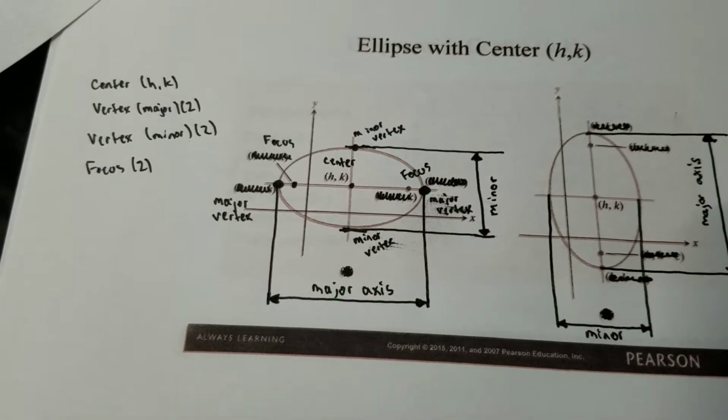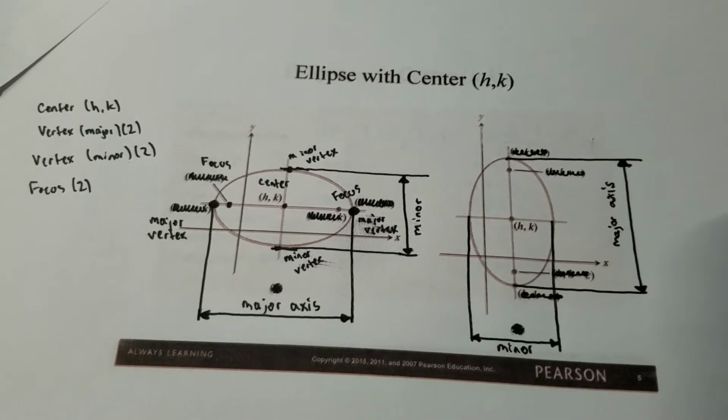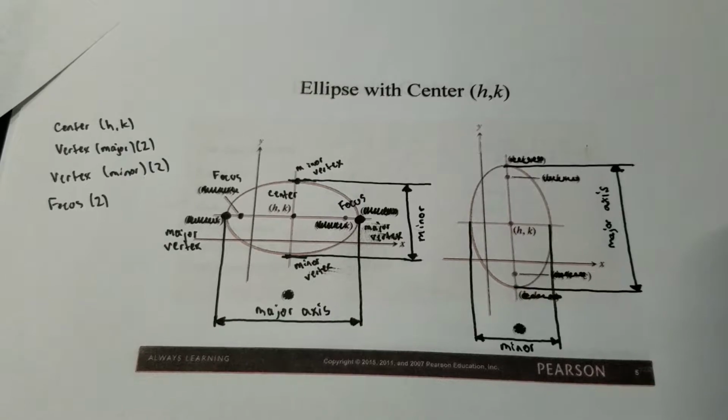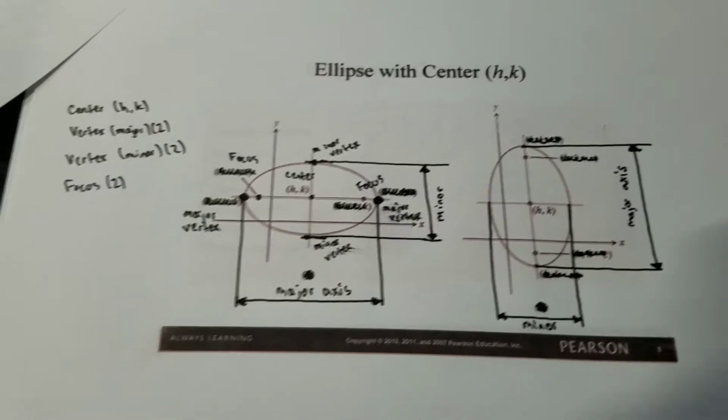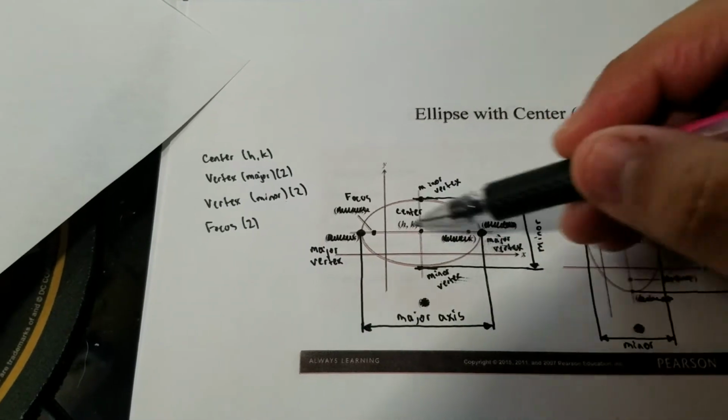Now, as I move down to this one, there's an important relation we're going to see here. So this is what I want you to also be able to tell me. The focus, guys. If you see here, the focus is in the big direction.